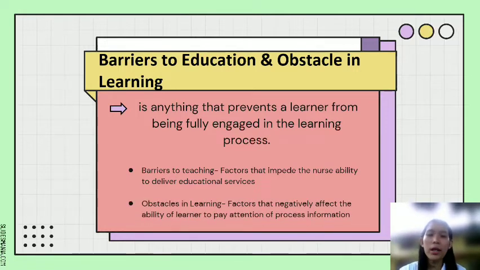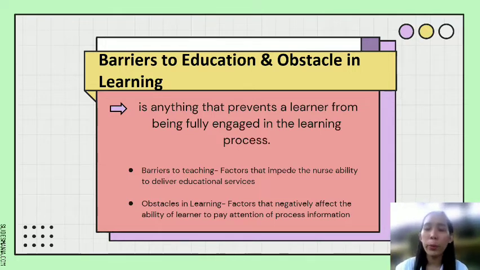Obstacles in learning are factors that negatively affect the ability of the learner to pay attention and process information. Examples are personal issues that the client may experience, or the nurse's issues, like lack of motivation, lack of goal or purpose, that will impede their ability to deliver health education.